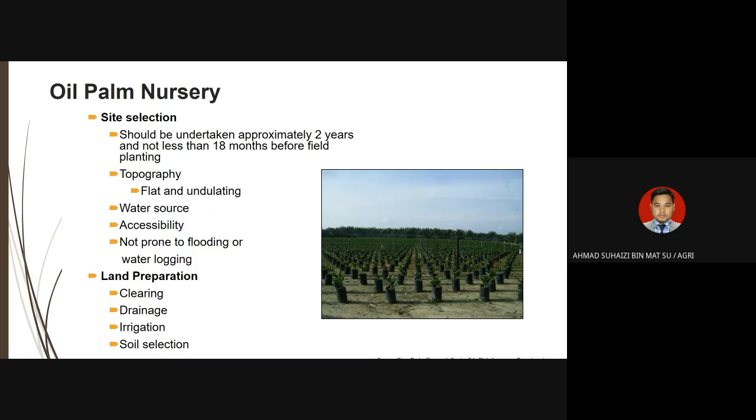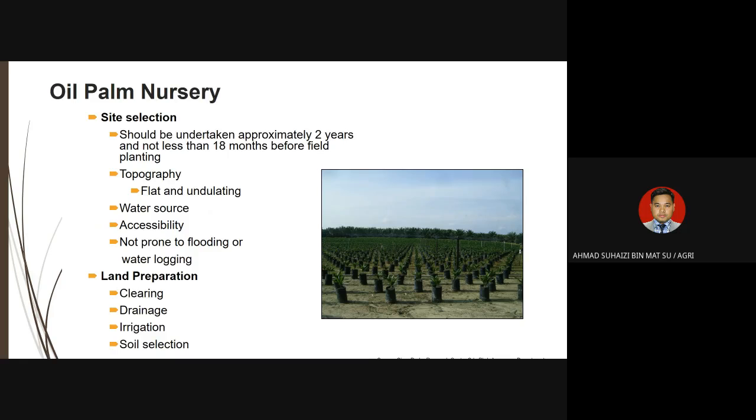When you locate the site for seedling production, accessibility for transporting the seedlings, fertilizer, and so on is very important. Another issue is the water source. The seedlings require quite a lot of water to irrigate, as you can see in the picture here.